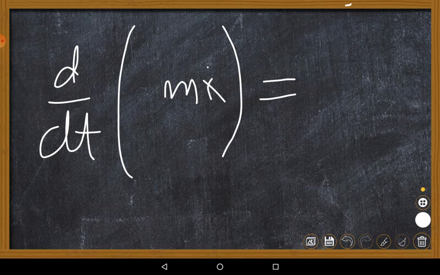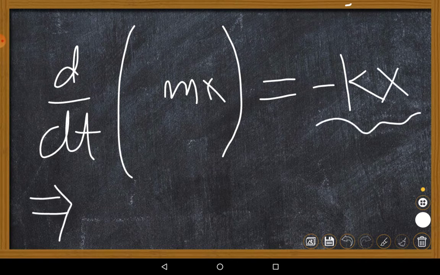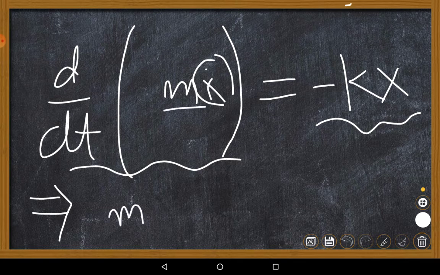So here we are getting minus kx, this was the RHS, this is the LHS. So what can we write the LHS as? This was m x dot. Now this dot operation and this d by dt, m is constant, so it becomes m x double dot.